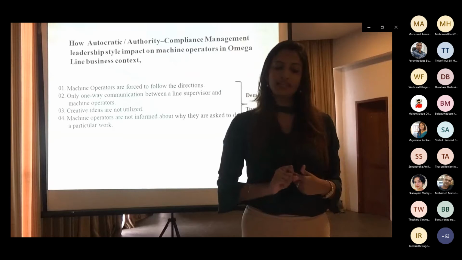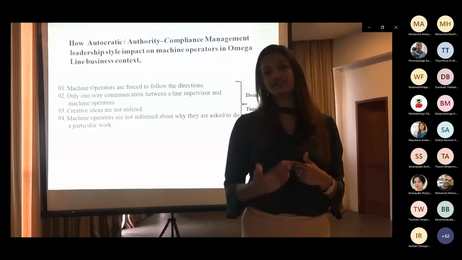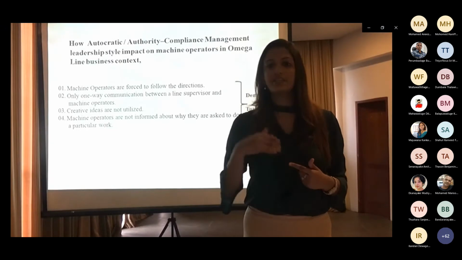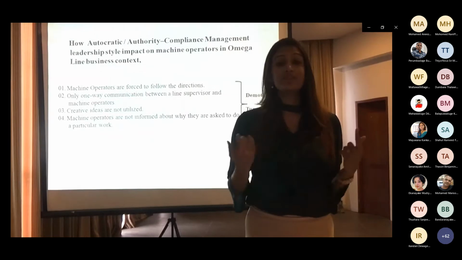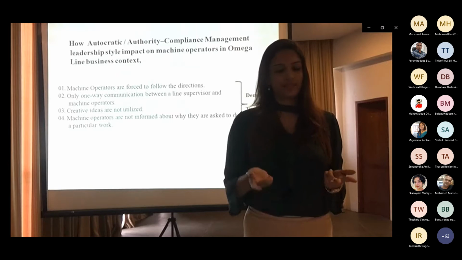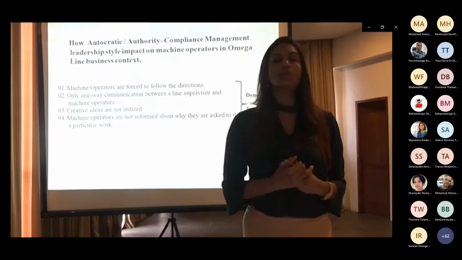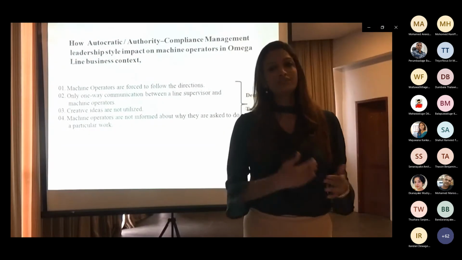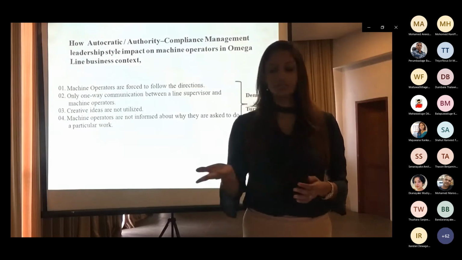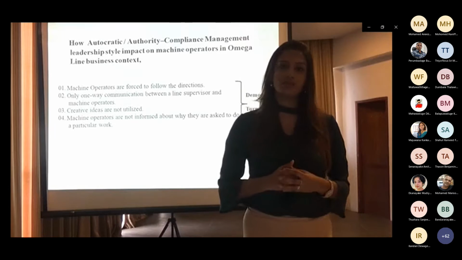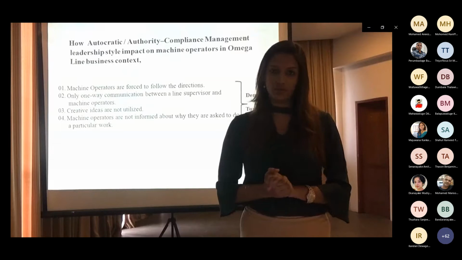Number two, there is only one-way communication between the line supervisors and the machine operators, which means the subordinates can't give their opinions. Because of that, creative and innovative ideas might not come out. Number four, machine operators are not informed about why they are asked to do a particular work, which means there is no visibility between the machine operators and the line supervisors, which will directly impact the motivation of the employees, and it will impact turnover intention as well.